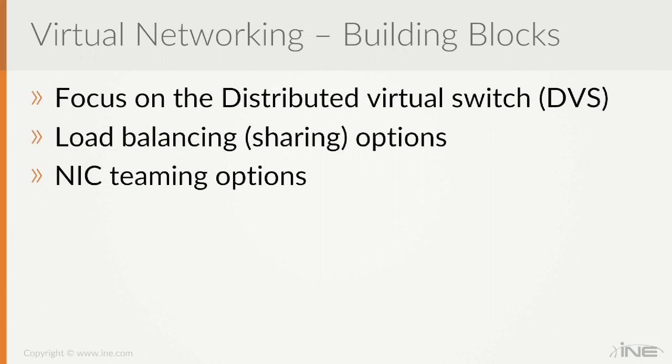But of course, with a distributed virtual switch, you can now create in version 5 and now in version 6, and we'll be only considering ESXi version 6 here in this course, multiple link aggregation groups, port channels basically, and LACP port channels.